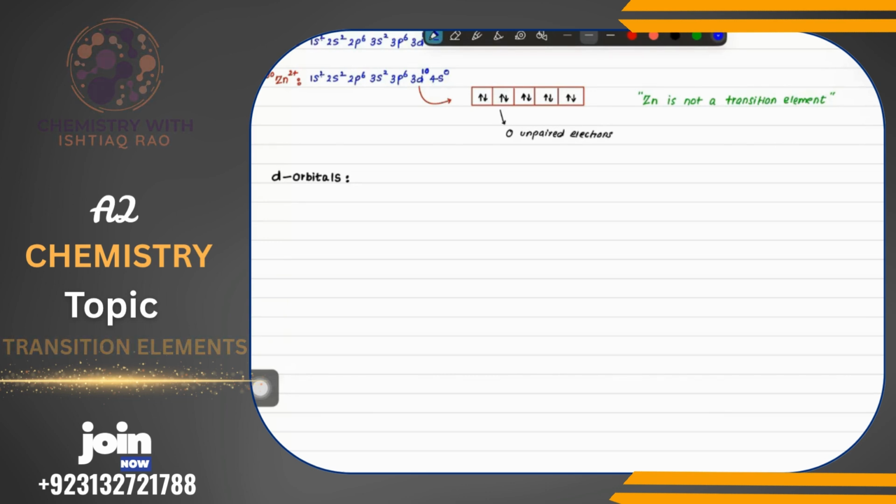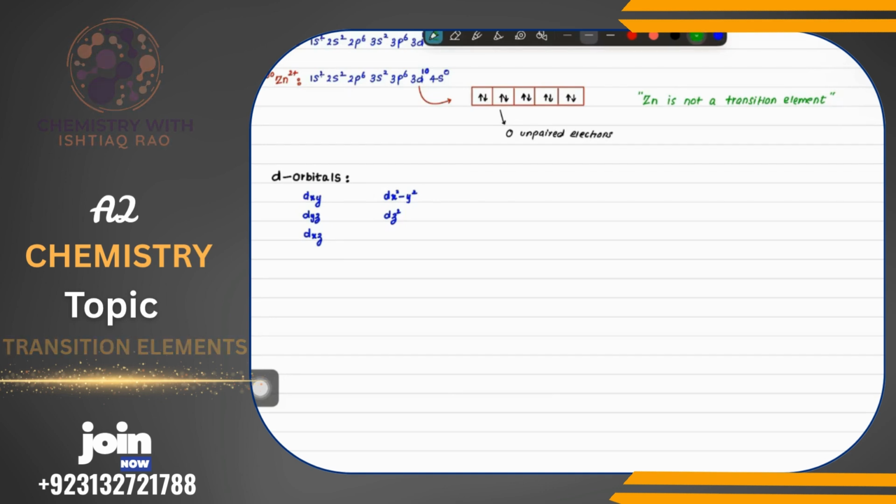We have five: dxy, dyz, dxz, dx square minus y square, and dz square. So there are five orbitals in the d subshell.